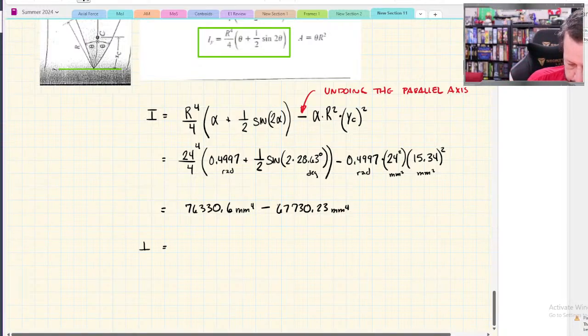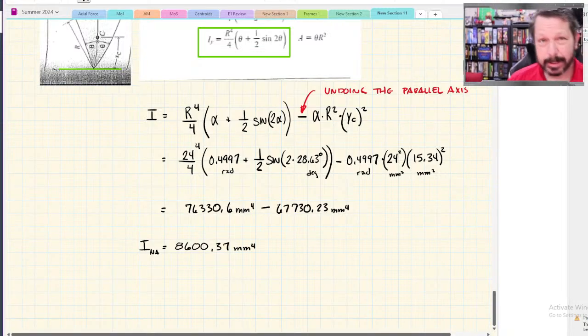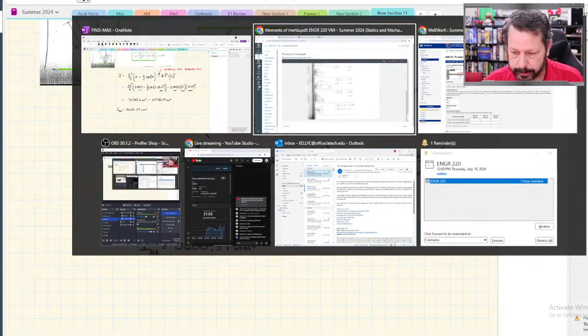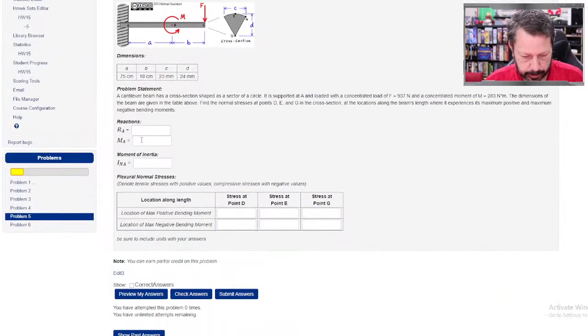Supposedly, the moment of inertia about the neutral axis for this sector is, for me, 8600.37 millimeters to the 4th. Let's see if we're anywhere near the right thing. Let's just put them in. What was it? 8600.37. We do use units, so millimeters to the 4th.